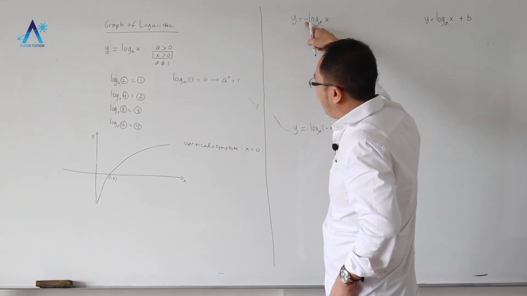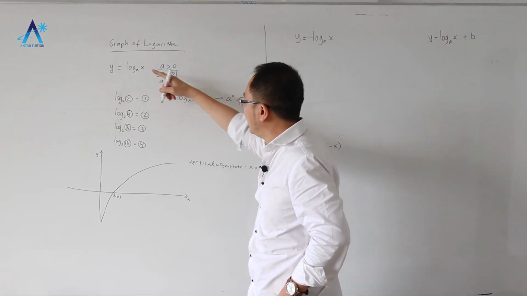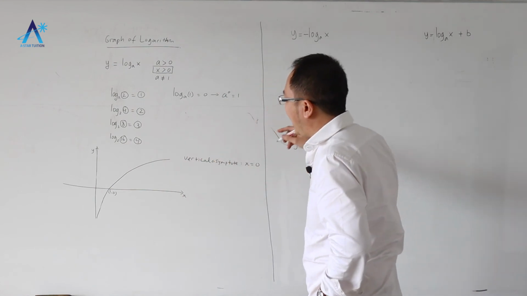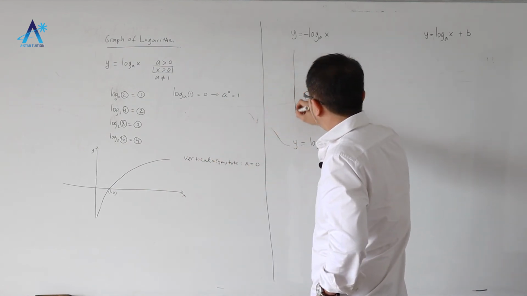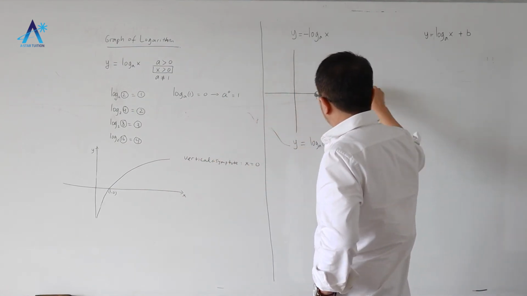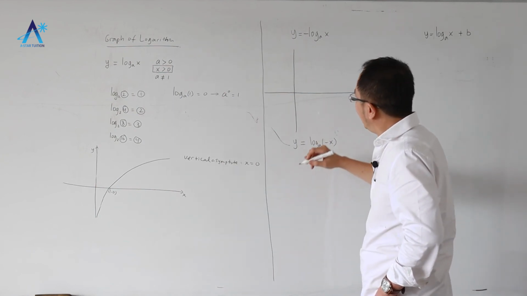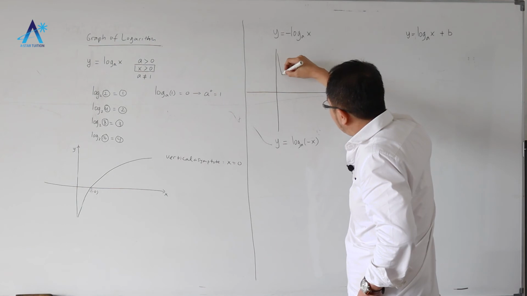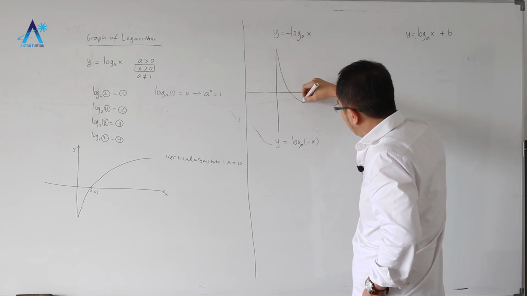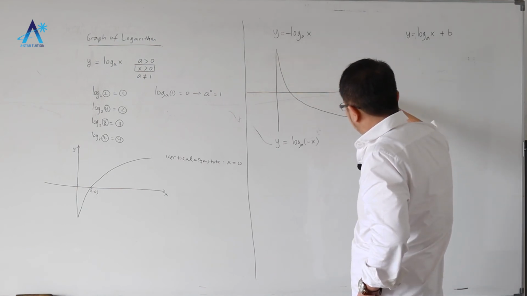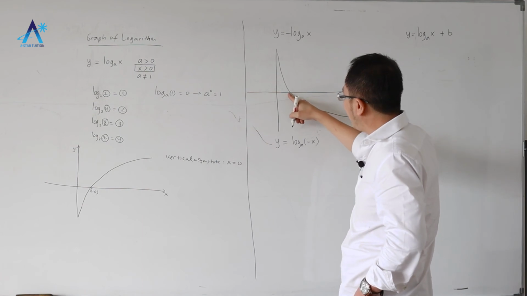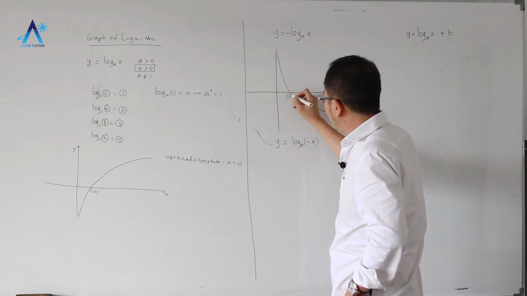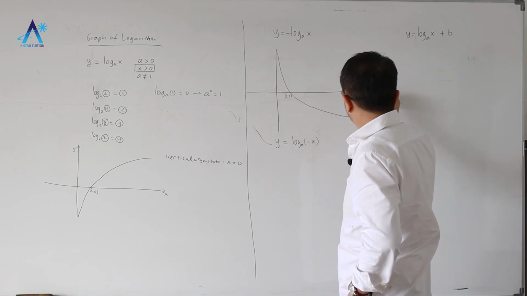So with the negative preceding the original function, this entire graph will be reflected by the x-axis, so that the graph will be like this. And the coordinate of the x-intercept remains unchanged, which is (1, 0).